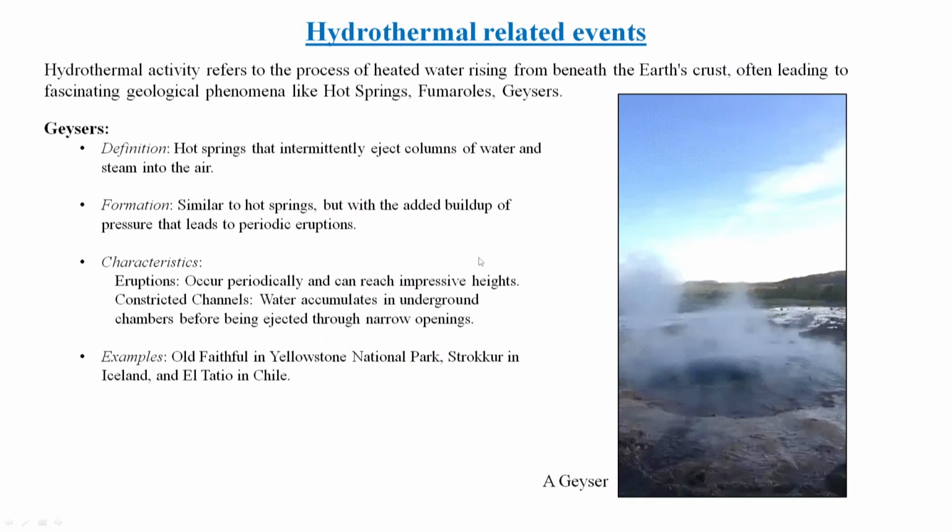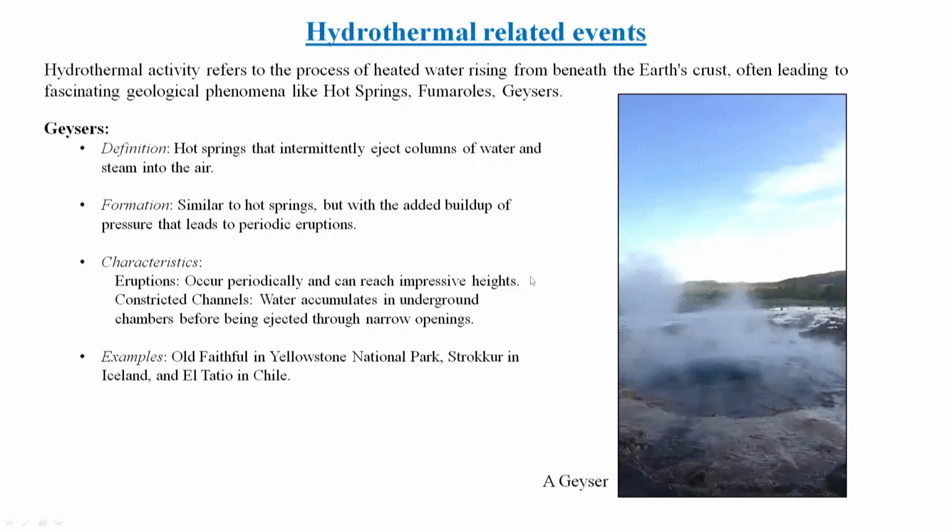Finally, the last one, geysers: hot springs that intermittently eject columns of water and steam into the air. Similar to hot springs, but with the added build-up of pressure, they lead to a periodic eruption, and sometimes a geyser can eject the water and gases several meters high as well.